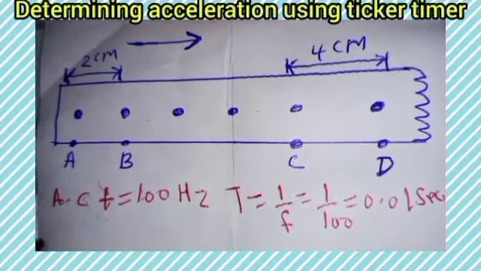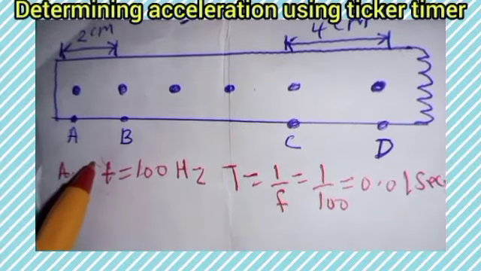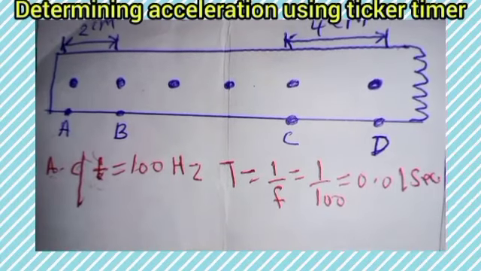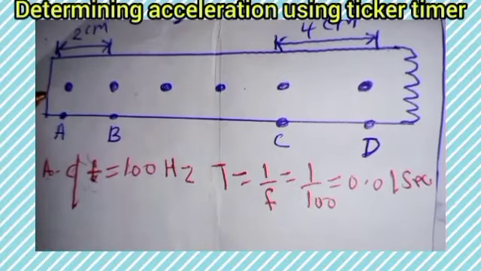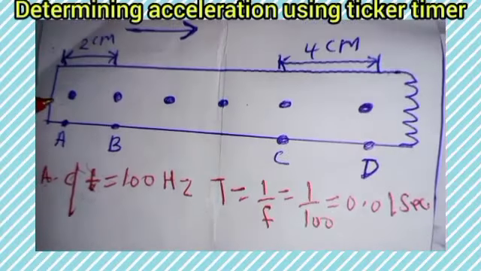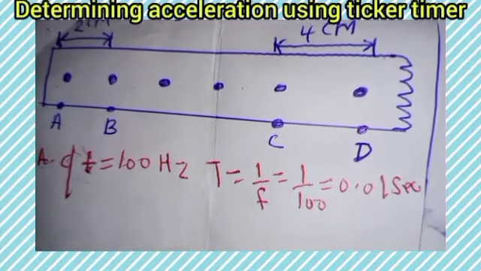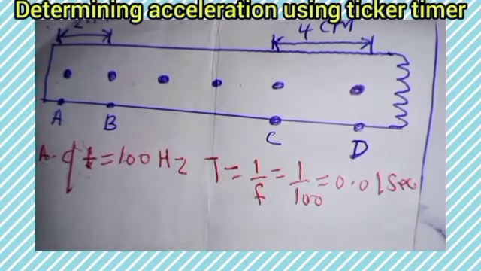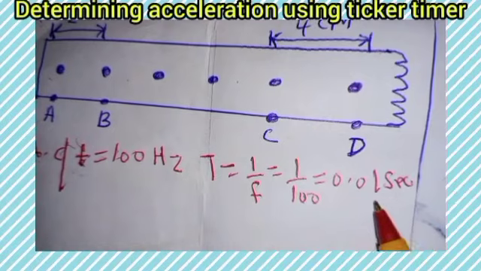Now, Tinker Timer operates on AC, and the frequency of this typical one is 100 Hertz, meaning that every 1 second, this Tinker Timer will be making 100 dots. So the time taken for this Tinker Timer to make 1 dot is 1 over 100, which is given by 0.01.